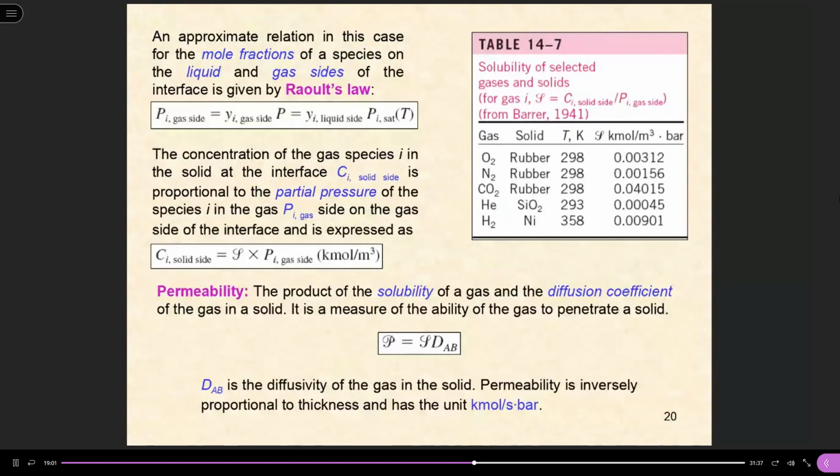The next quantity is very important. Is this for solid? And this is about how the gas side concentration is related to the liquid side.